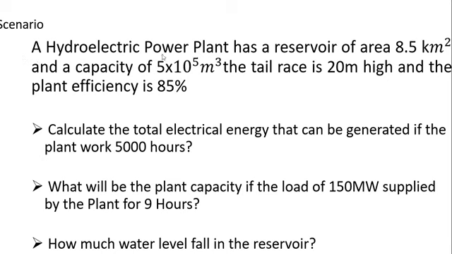a hydroelectric power plant has a reservoir of area 8.5 kilometer square. So here it is given the area of reservoir, because we know that we are solving a hydroelectric power plant numerical, so we should have knowledge about reservoir.